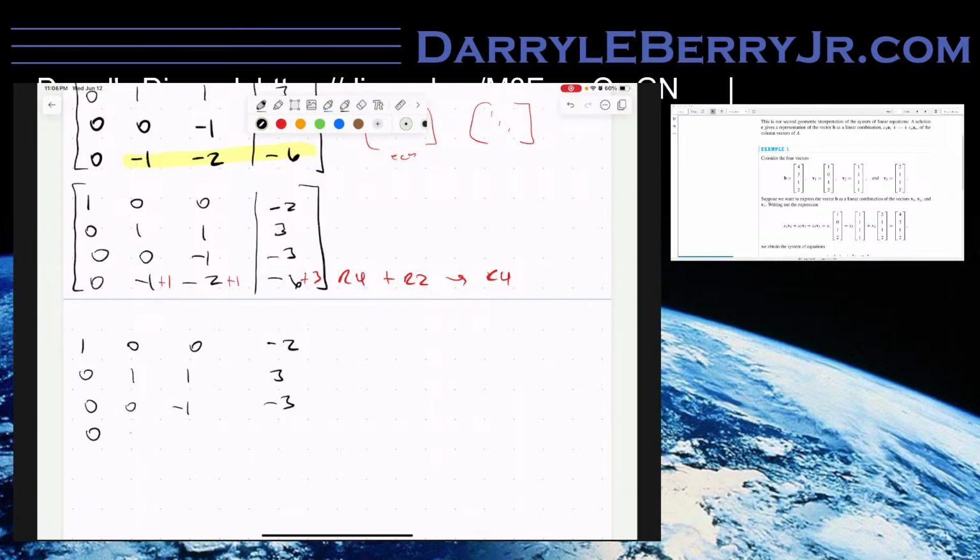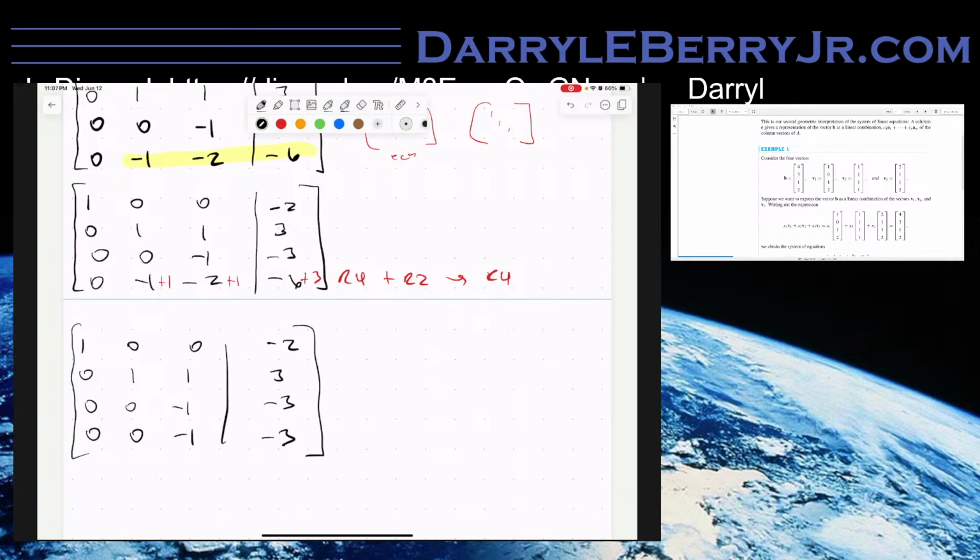And now we'll have 0, 0, -1, and -3. And you can see that those are the same. So I'll just do this in one line and just subtract. If I was to subtract row 4 from row 3 and make it row 4, that'll zero out. Since those are the same, it doesn't really matter. So just in case, I'll show it for clarity.